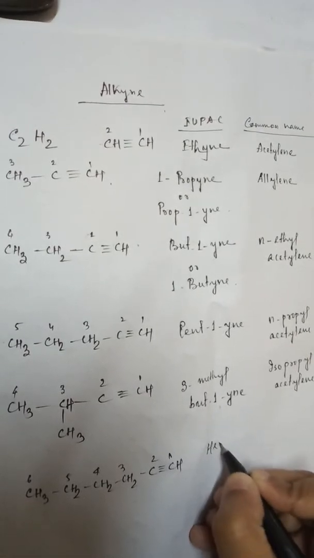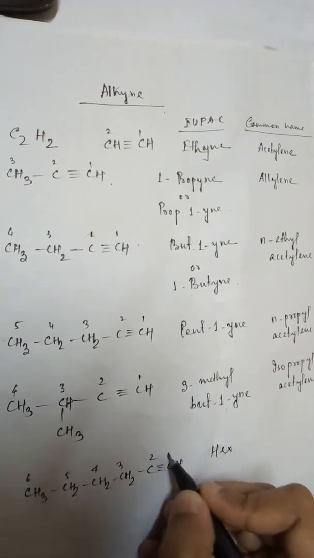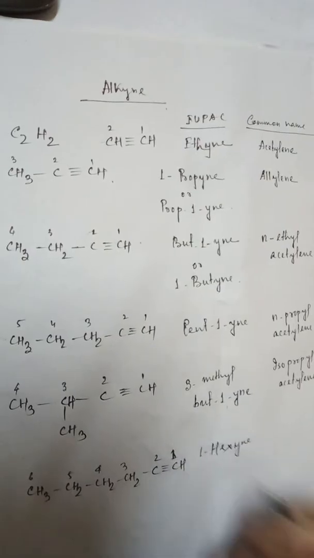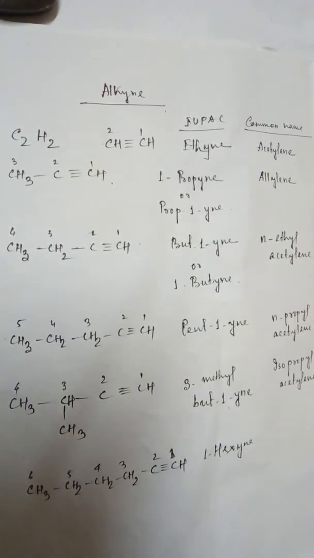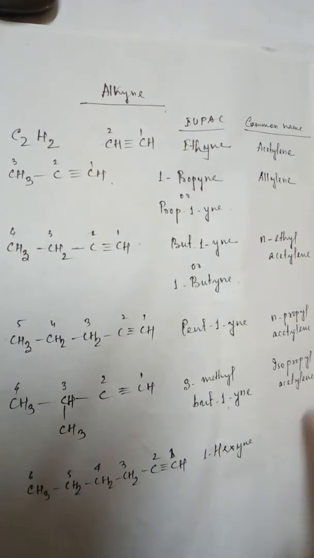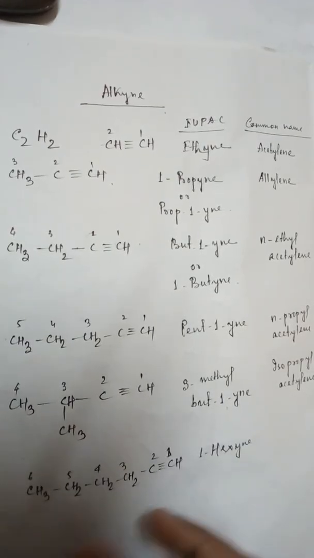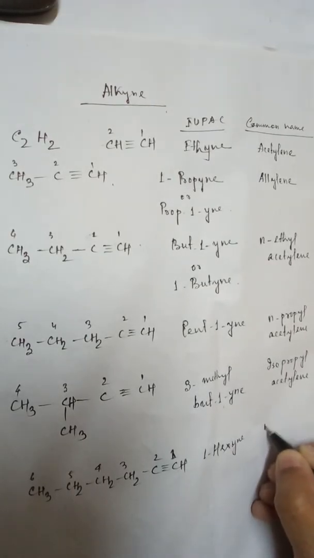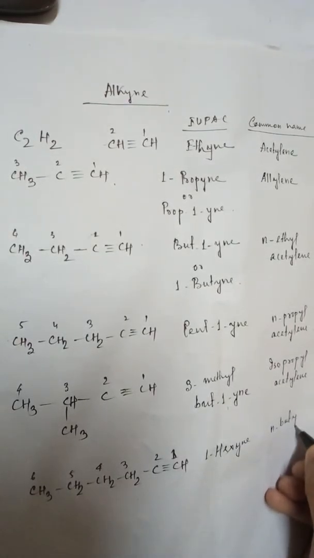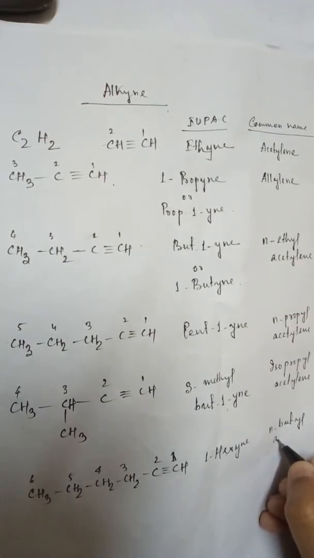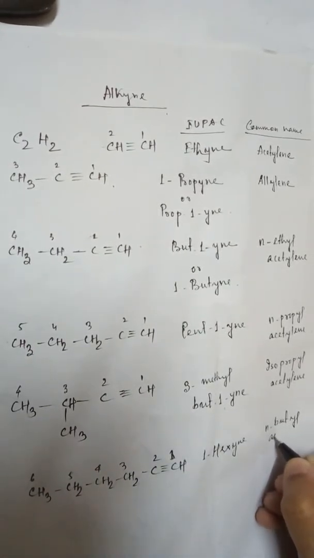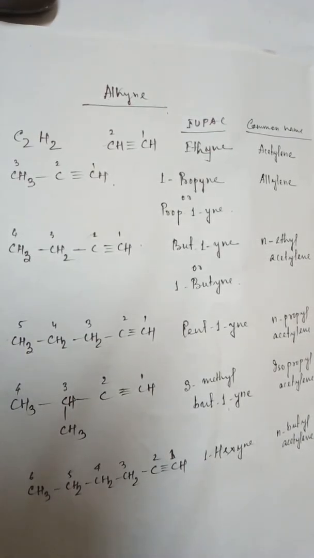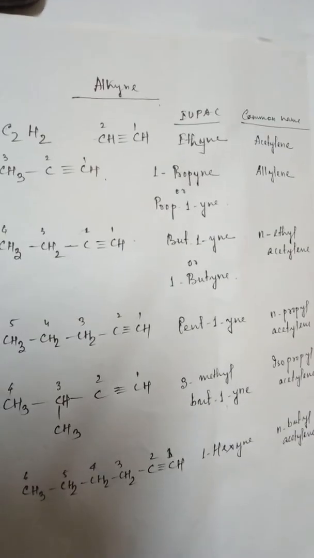So root name hex. The compound is an alkyne, so add the suffix "-yne": 1-hexyne, or we can also say hex-1-yne. In case of the common name, how to do it? Again, this part is acetylene. In the rest of the part, how many carbon atoms? 4. 4 means butyl. Normal chain. So N-butyl acetylene.